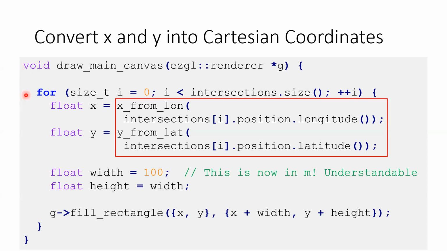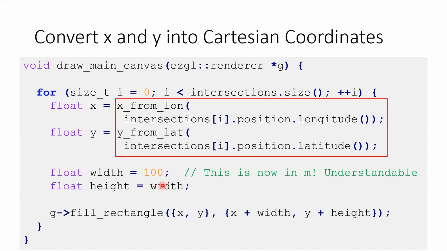And then when we get that, we can change the previous longitude and latitude coordinates to x and y by calling the helper functions. Then the width can be modified to be in meters.